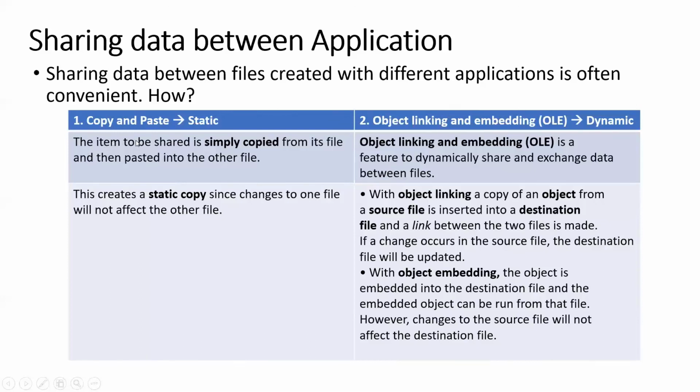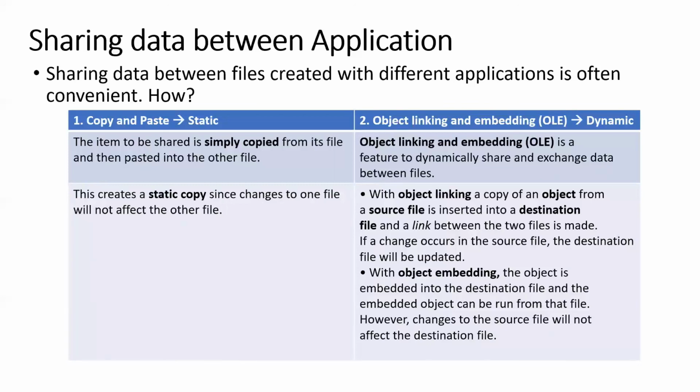Copy and paste means the item to be shared is simply copied from its file and then pasted into the other file. So we paste it statically. This creates a static copy, since changes to one file will not affect the other file. For example, you copy this to another file. Then the file you copied from has a small change. It will not affect the other part. That is what we call static. What you copied is what you pasted in the other part.